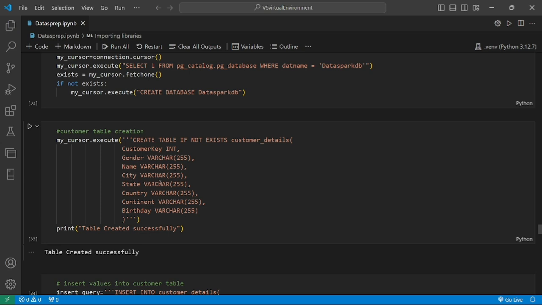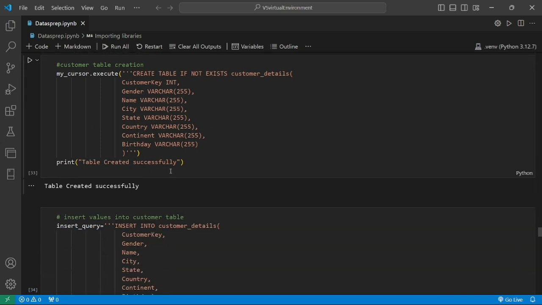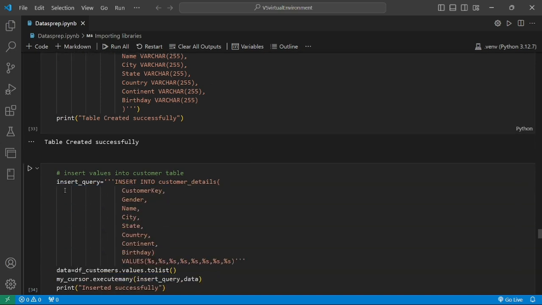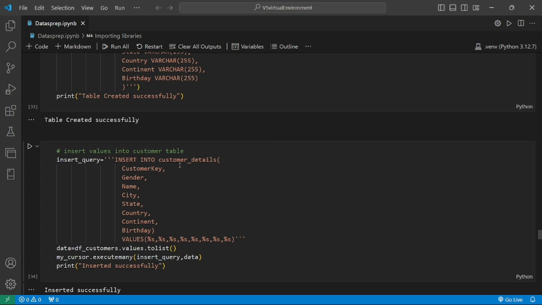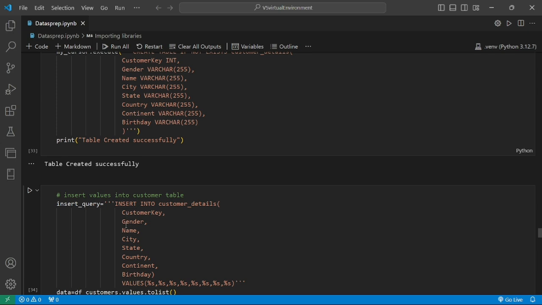Birthday we need to change, but we will change it in the SQL query. The insert query for one is over, it's for customer details, and this is an insert query with the column titles. Again we are going to insert the customer details, the values for the columns we inserted.